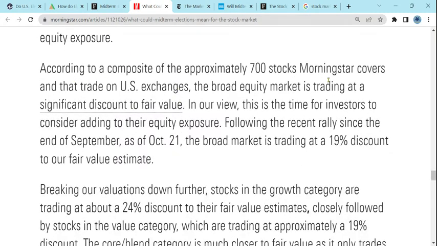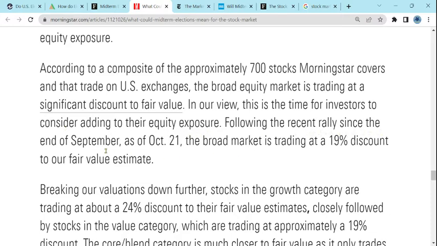According to a composite of approximately 700 stocks Morningstar covers, the broad equity market is trading at a significant discount to fair value. So again, their opinion as to where the market's currently trading. Time for investors to consider adding to their equity exposure.